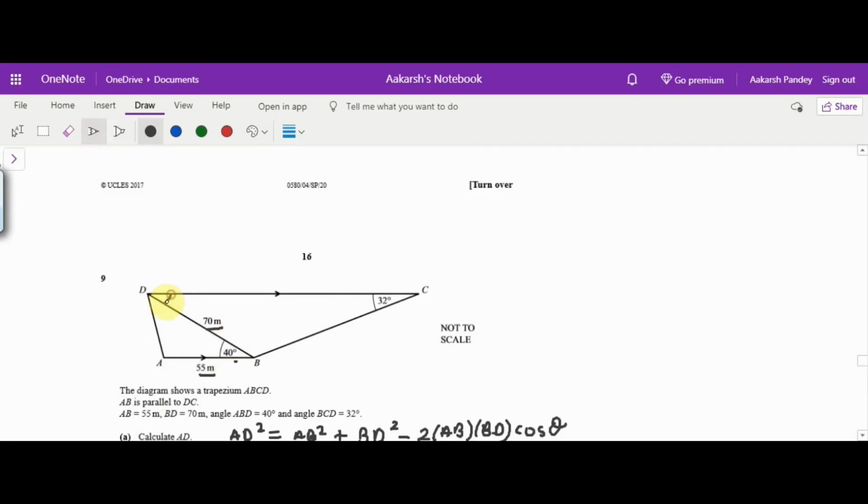So this angle BDC will also be 40, alternate angles. So now I have two angles and two sides. So I'll use the sine rule, which says BC upon sine 40 degrees is equal to 70 by sine 32 degrees.